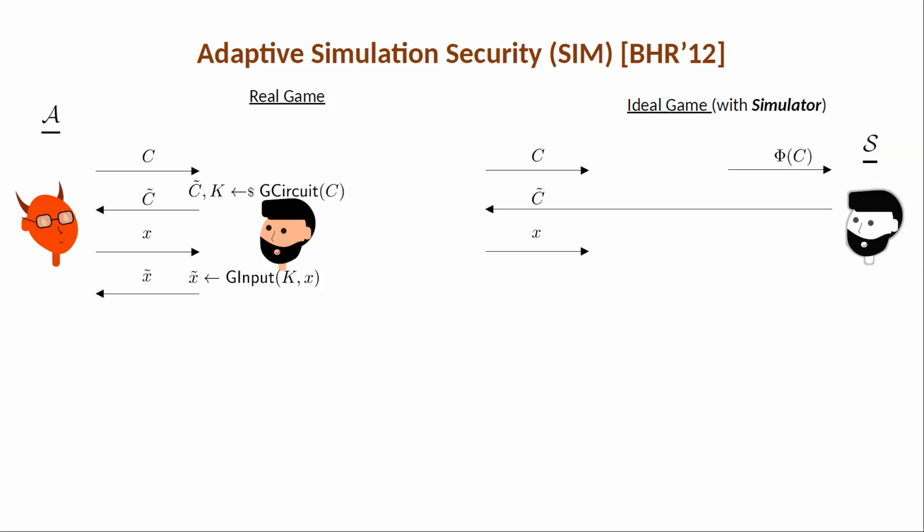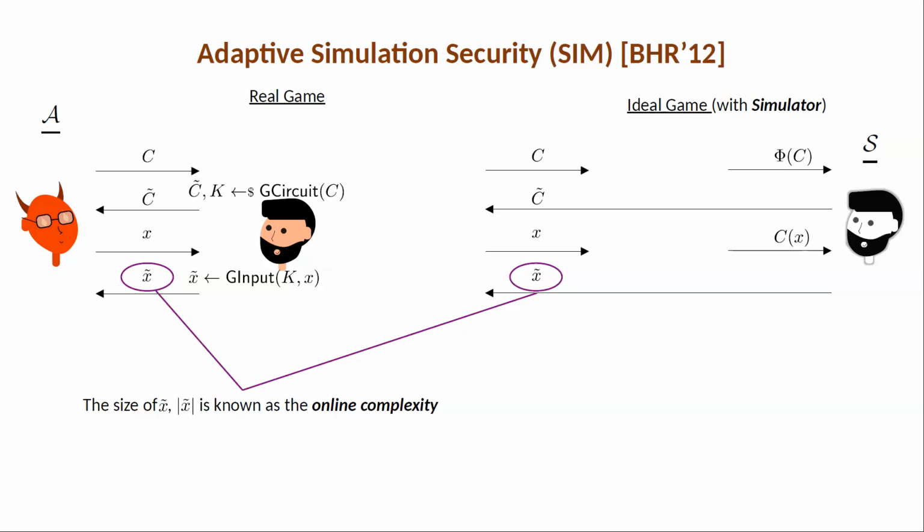Simulator then returns the garbled circuit. The adversary chooses the input, but now the simulator does not get the input, it only gets the output of the circuit when evaluated on the input. And knowing the output alone, it needs to produce a garbled input. All right.